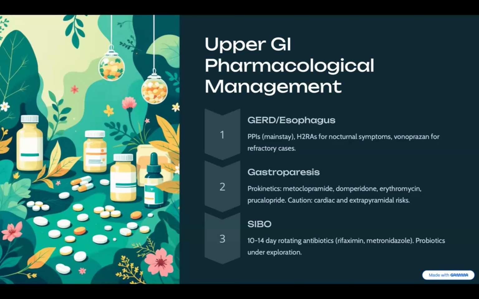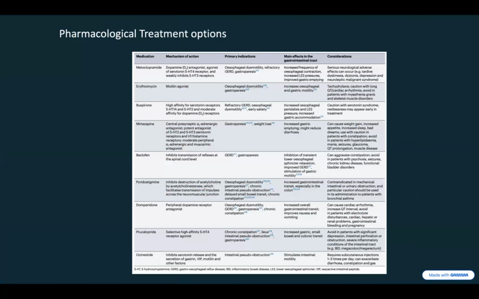Prokinetics, we all know. These are the medications that are dopamine antagonists, or maybe serotonin receptor agonists. Both ways, some of them are more onto dopamine antagonism, and some of them are more onto serotonin receptor agonism. And a few drugs which we don't usually use, but which are beneficial, include mirtazapine, which is an antidepressant agent.